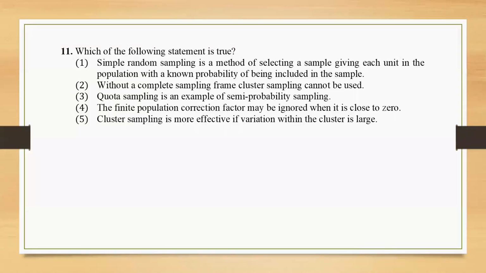Because if we are defining random sampling, it means each element in the population has some known probability of being included in the sample. But if you are defining simple random sampling, the definition is incorrect. So therefore, the first statement is an incorrect one, right?